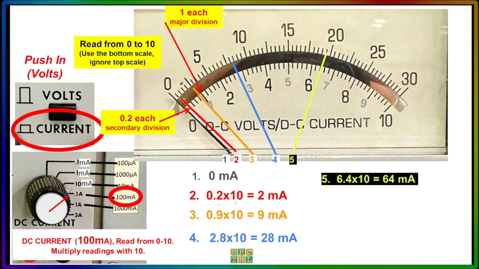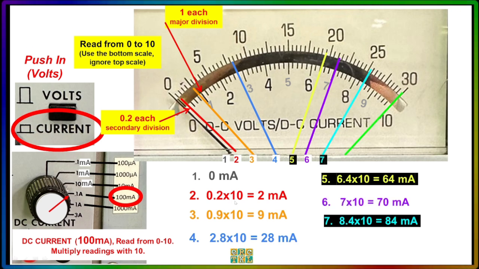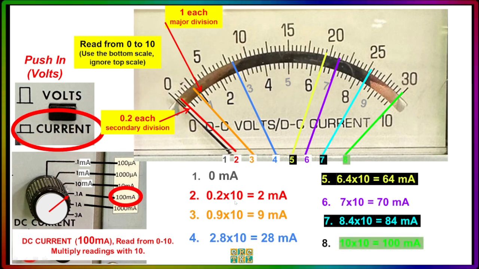2.8 will become 28 milliamperes. 6.4 will become 64 milliamperes. 7 will become 70 milliamperes. 8.4 will become 84 milliamperes. And number 8, 10 here will become 100 after multiplying our answers with 10.